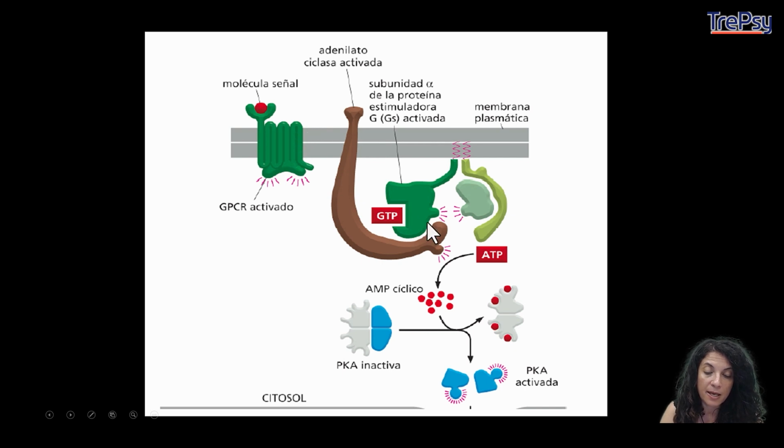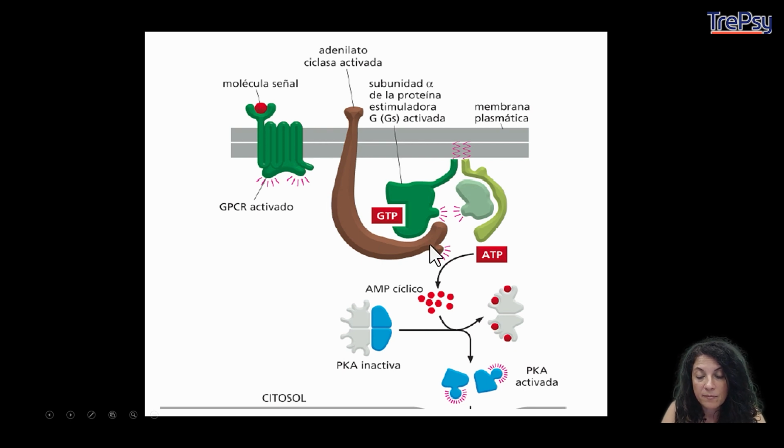they activate a G protein. The alpha subunit of the G protein activates an enzyme named adenylate cyclase.